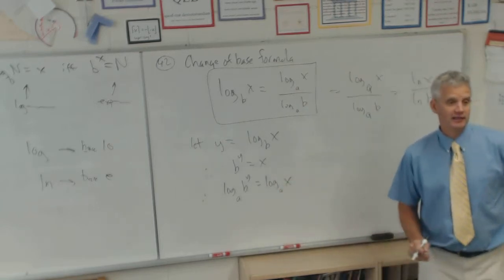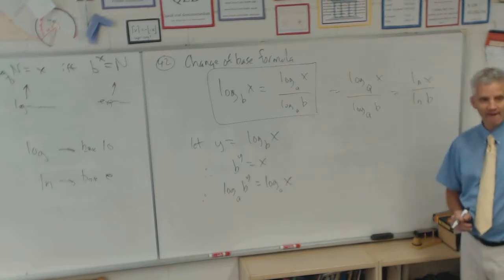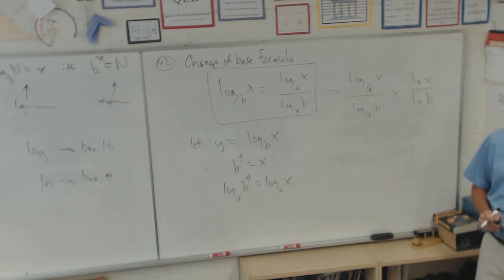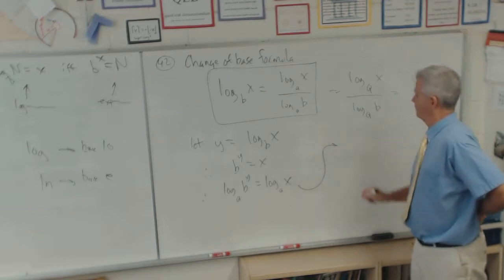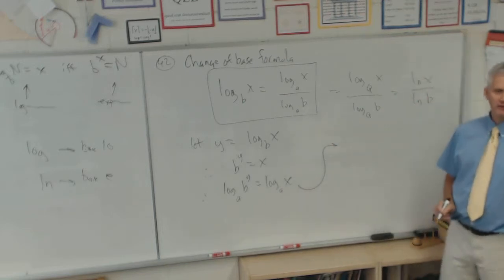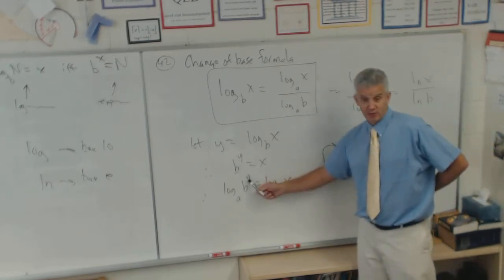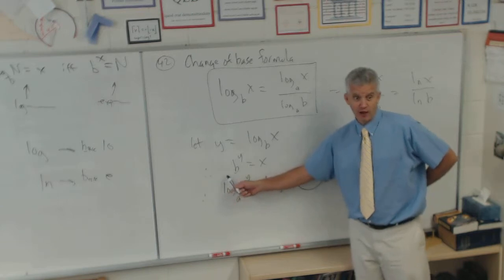You agree with that? What do we do now? Not division yet, almost. Anyone know? Tyree? This y exponent moves where? In front of the log. We call it the third law of logarithms.